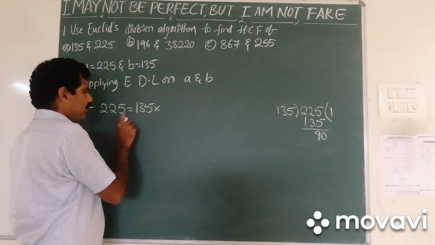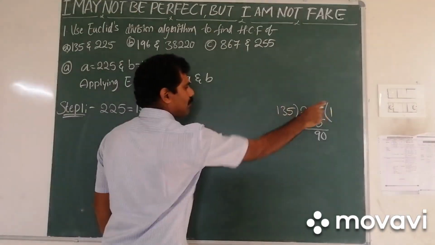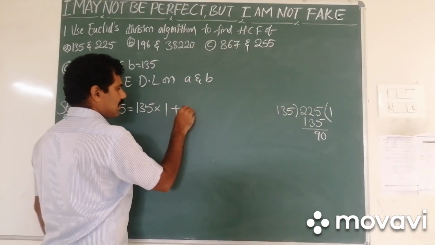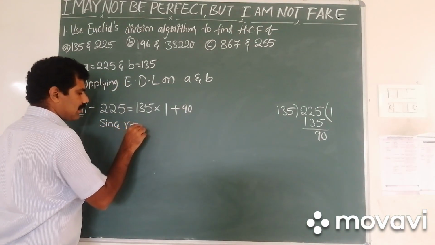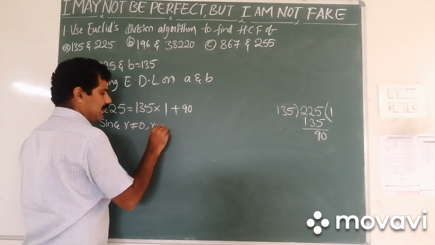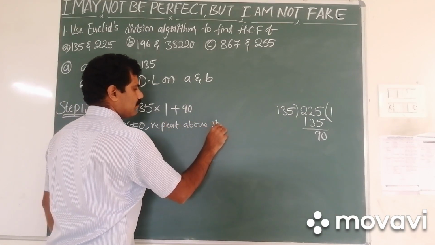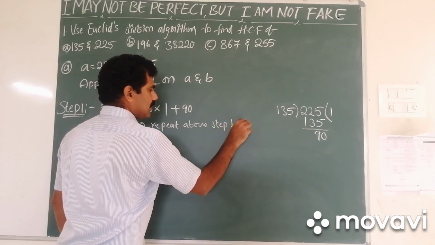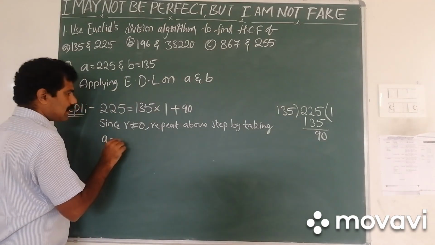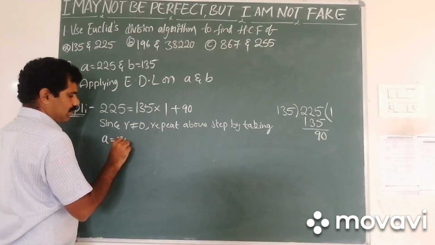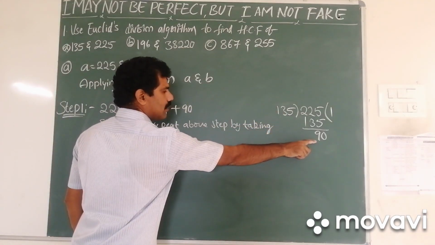Now see, a = bq, b is there, what is q? 1, so 135 ones and the remainder is 90. Since r is not equal to 0, repeat the above step by taking a = 135, meaning the value of b will become a in the next step and the value of r will become b.